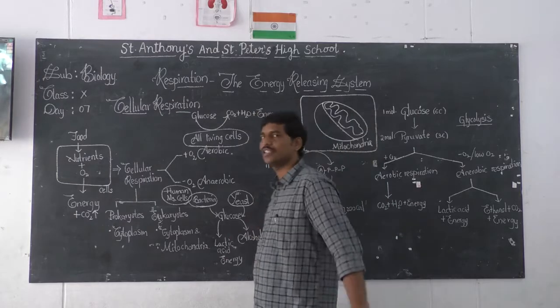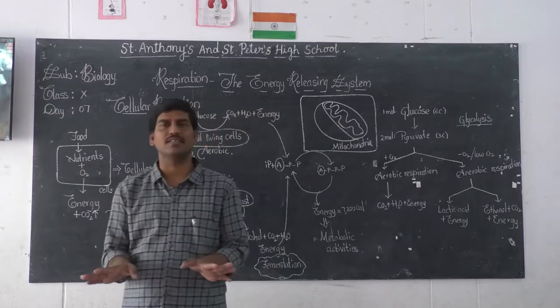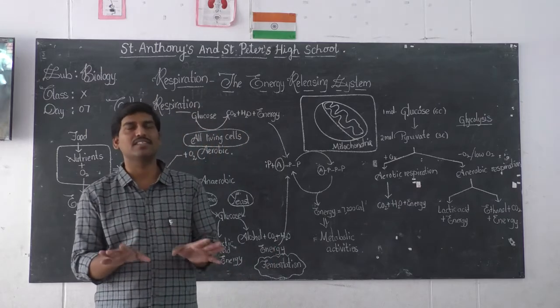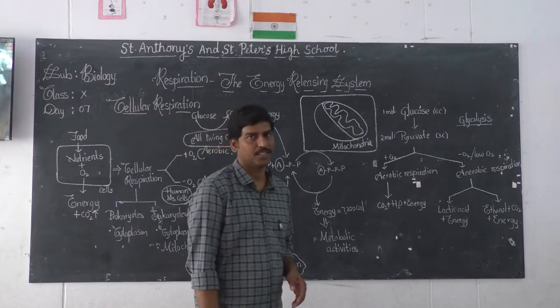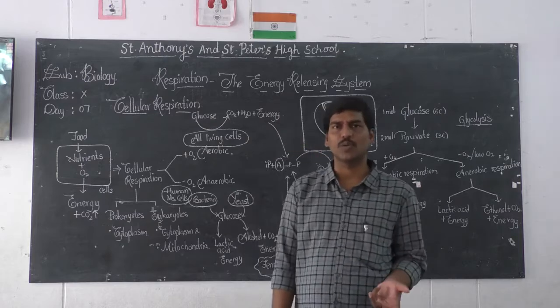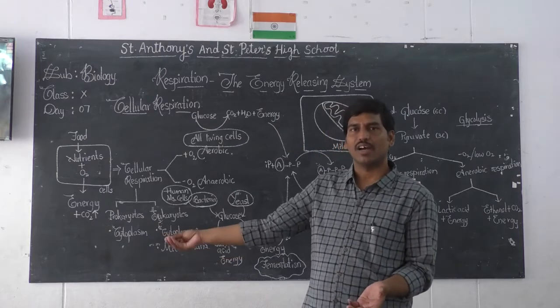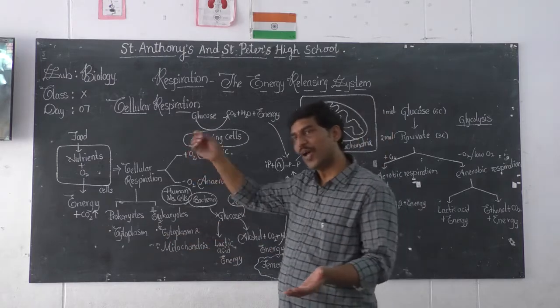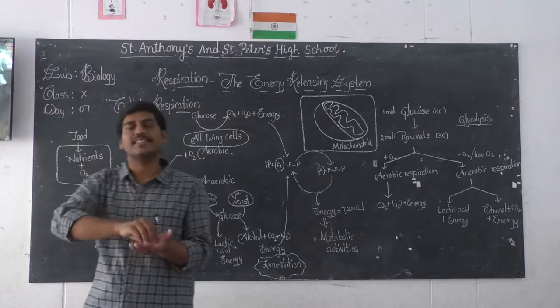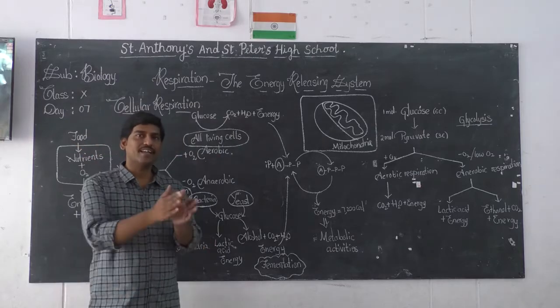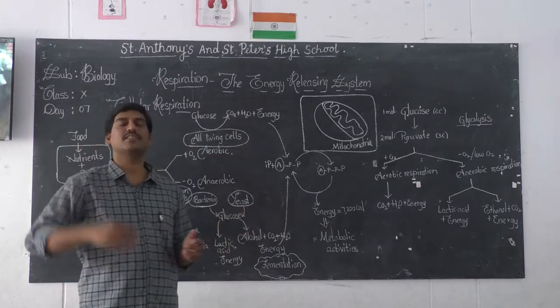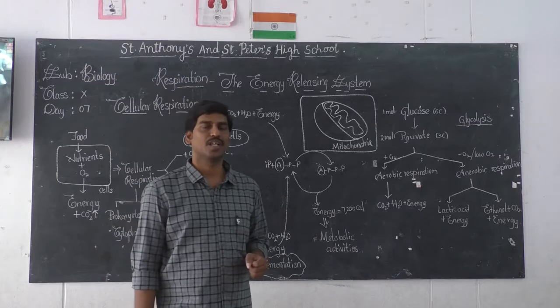But you can't imagine that this cellular respiration is a single step reaction. The nutrients don't directly break down. Okay, the glucose or amino acids or fatty acids have come into the cells. Directly they will not break and directly energy is not liberated.